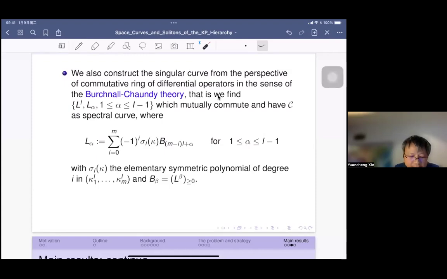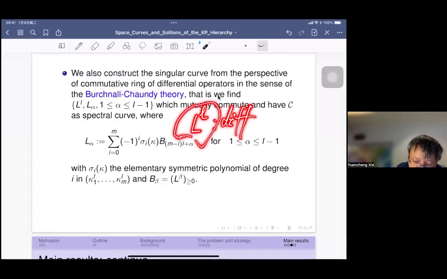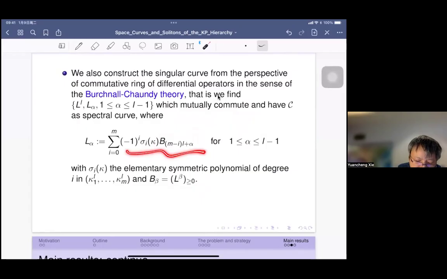Okay, so at last we found that if we begin with a pseudo differential operator from Gelfand-Dickey, that means L to the L is a differential operator. If we begin with a differential operator like this, and then we take L to the alpha, L to the beta, and take the differential part, and then make a linear combination of these operators, we get L alpha.